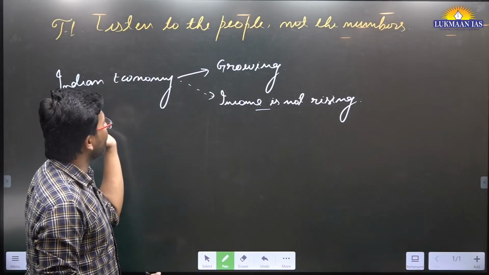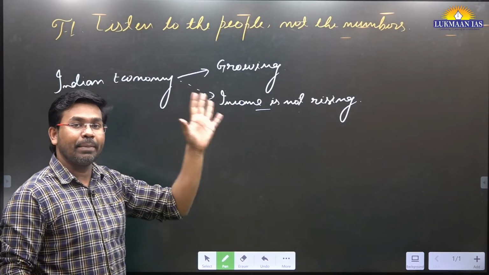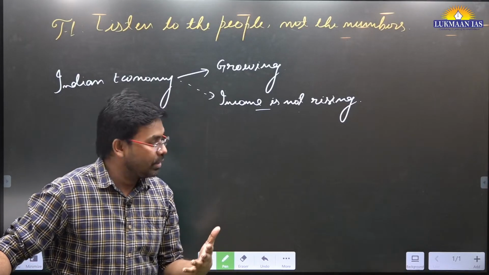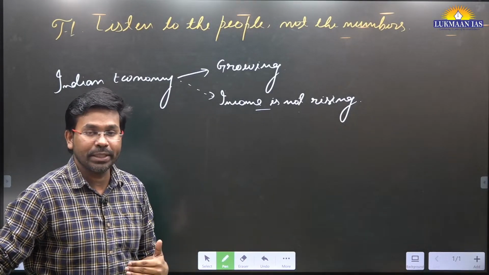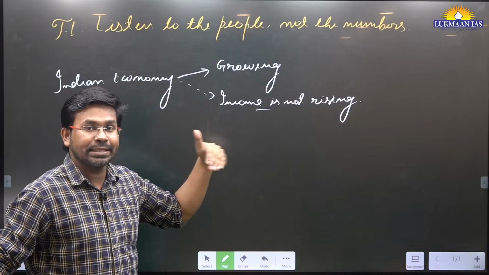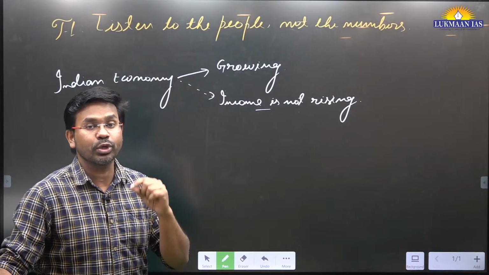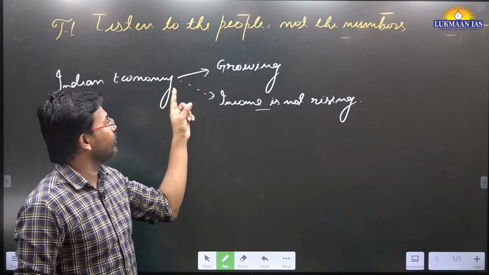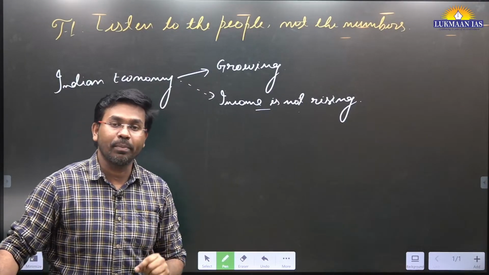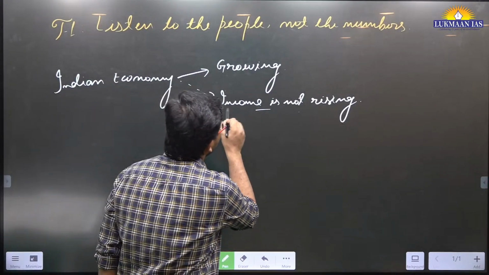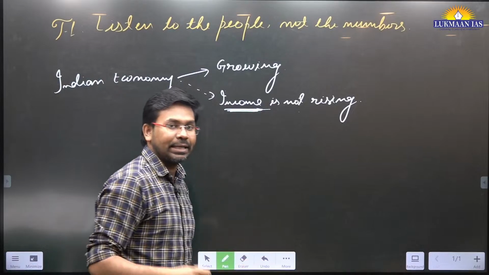The Indian economy is among the largest economies in the world, I think the third largest. It is in a growing phase. Recently the International Monetary Fund has also revised the growth forecast of the Indian economy. But the problem is that the income of people is not rising in India.